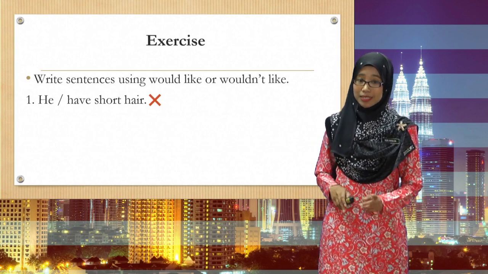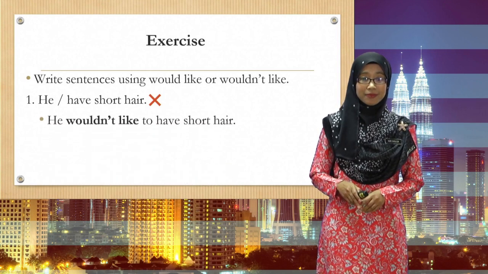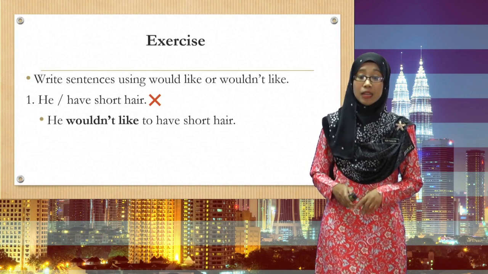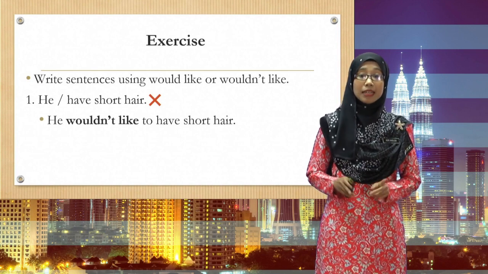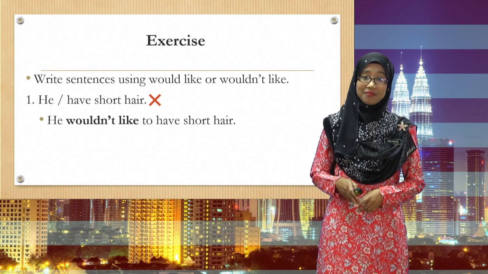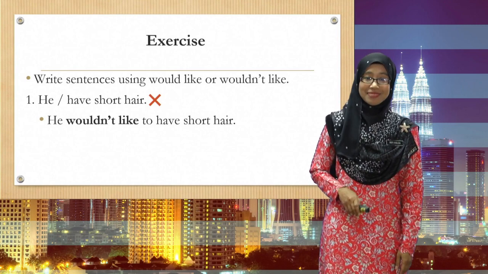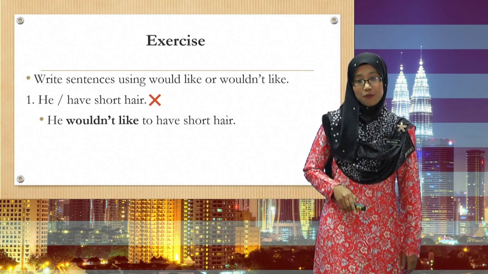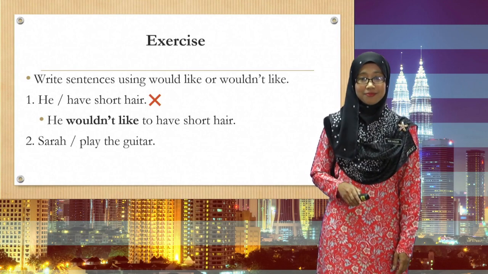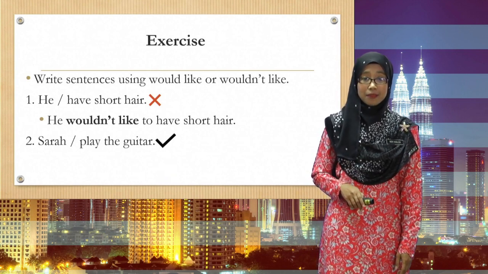Can you guess what is the answer for this question? Yes, the answer is he wouldn't like to have short hair. He prefers to have long hair. Okay, next, for the second question. Sarah (play) the guitar.